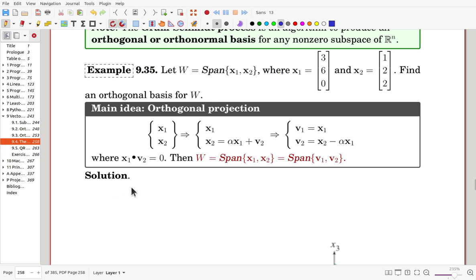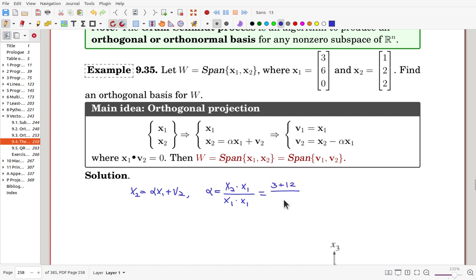Okay. Now, x2 must be projected onto the space of x1. So here, x2 is alpha x1 plus v2. For this projection, alpha must be x2 dot x1 over x1 dot x1, right? x2, x1 product is now 3 plus 12.